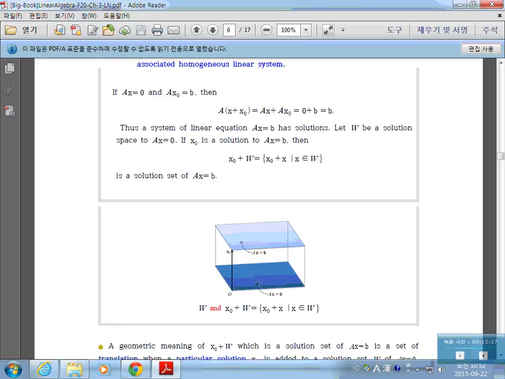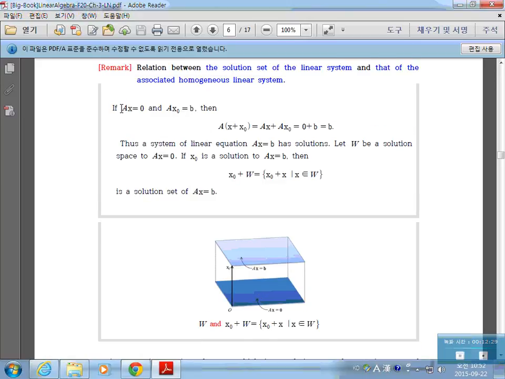The reason is this. Suppose AX is equal to 0 and AX0 is equal to vector B, then A times (x plus x0) is equal to AX plus AX0, which is 0 for that x, plus B. What this means is x plus x0 is a solution for this non-homogeneous system of equations.